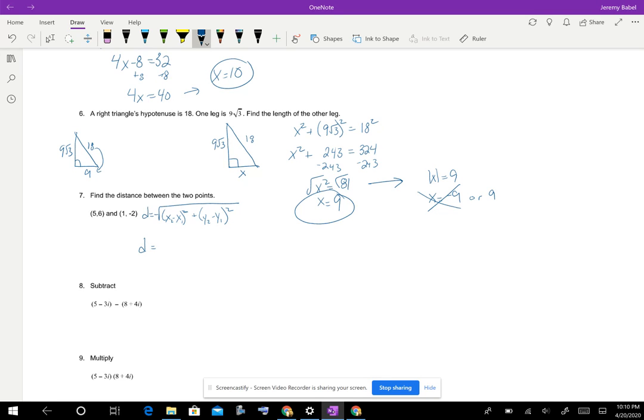So let's do the square root of 1 minus 5 squared. That's x2 minus x1, and negative 2 minus 6 squared. That's y2 minus y1. 1 minus 5 is negative 4, so we've got negative 4 squared. Negative 2 minus 6 is negative 8 squared.